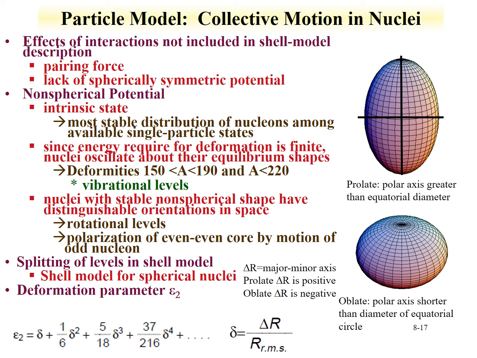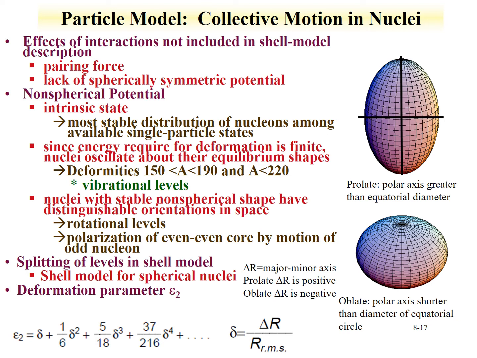We can use that to define the deformation parameter. There's a term shown here, an expansion of this delta term. The delta term is just nothing more than the difference between the axes divided by the root mean square of the axes.